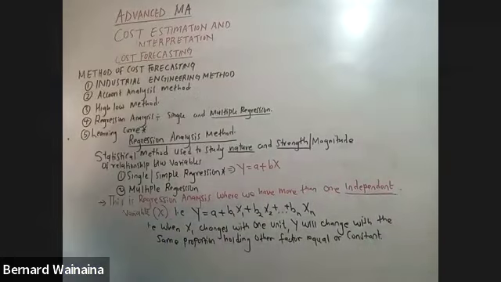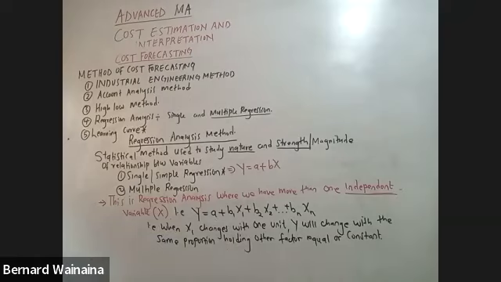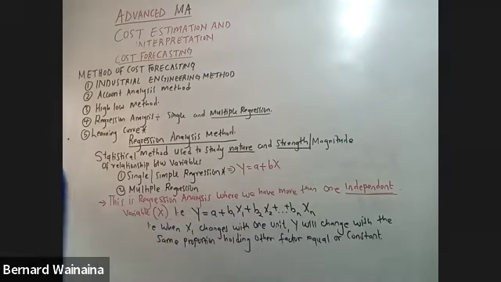Now, when you want to vary variable x1, we can say when x1 changes with 1 unit, y will change with the same proportion, holding the other factors equal or constant.